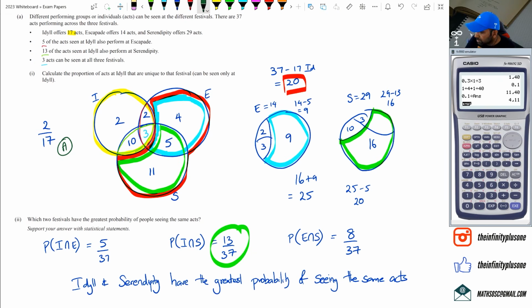So grades wise, one of these probabilities is going to get you an achieved. So either getting this, this, or this, and then a correct written statement, you're going to end up with a merit.